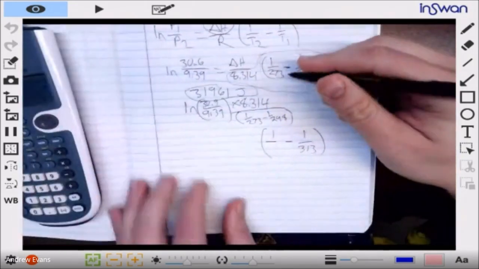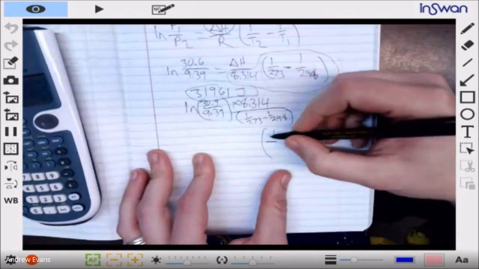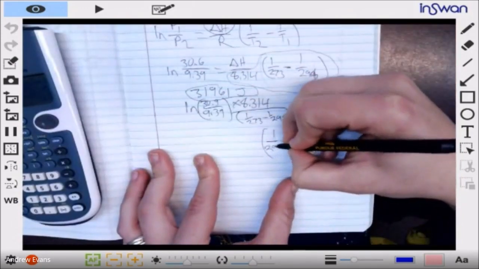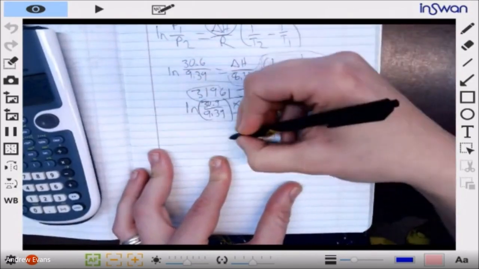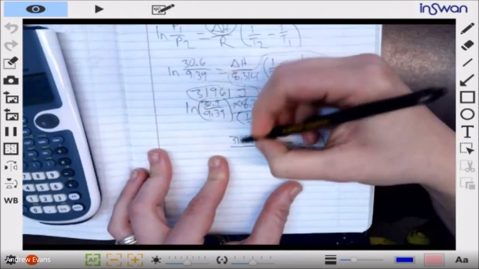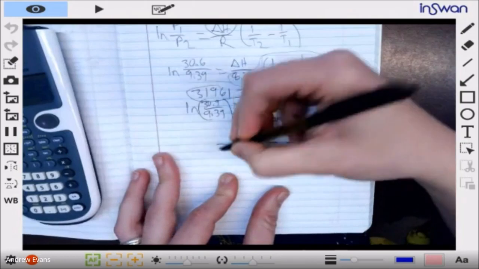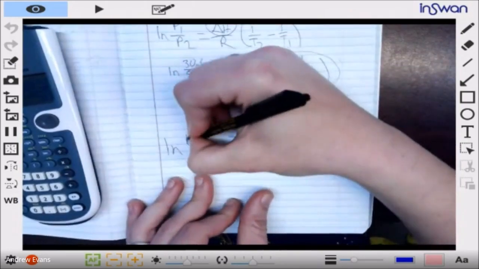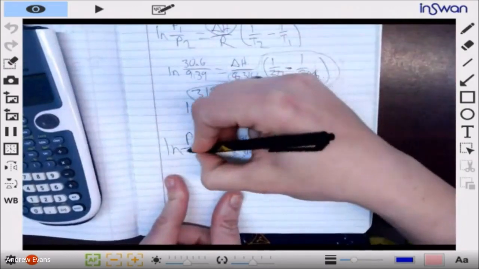You should get the same value. So I'll go ahead and use 298. That's fine. We have to reuse our 31961 over 8.314 equals ln P1 over 30.6.